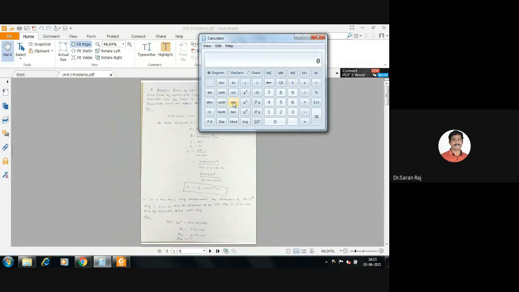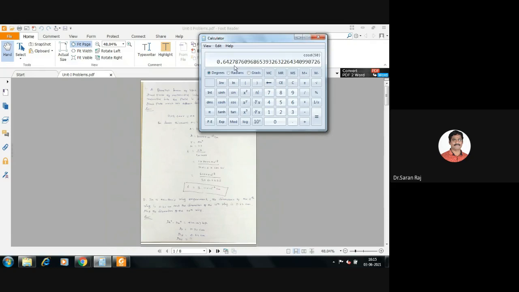Using the scientific calculator, cos 50 degree gives 0.64278, with many digits.